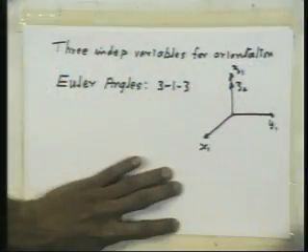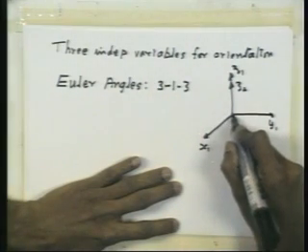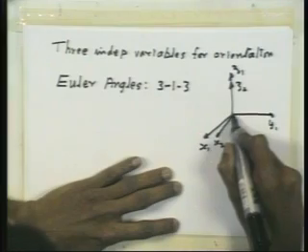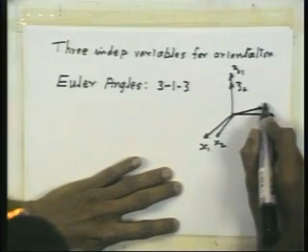So initially imagine that the local frame is x1, y1, z1. It is coinciding with the global frame. Now I am going to rotate it about the z1 axis to get z2, which is coinciding with z1. x1 would have shifted to x2, y1 would have shifted to y2.